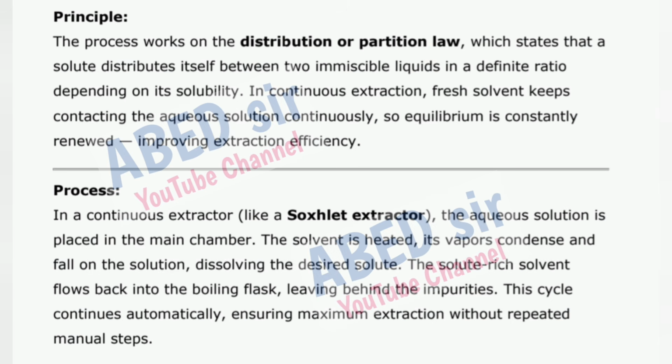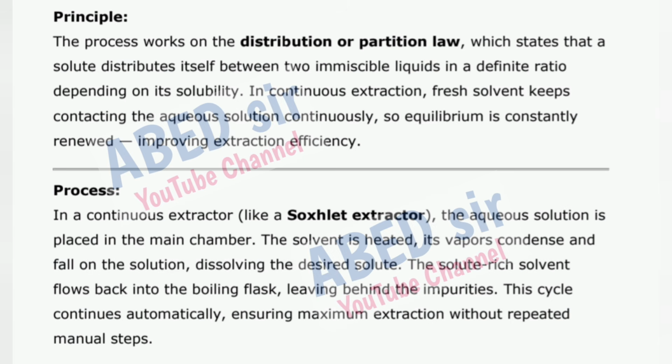Principle: the process works on the distribution or partition law, which states that a solute distributes itself between two immiscible liquids in a definite ratio depending on its solubility. In continuous extraction, fresh solvent keeps contacting the aqueous solution continuously, so equilibrium is constantly renewed, improving extraction efficiency.